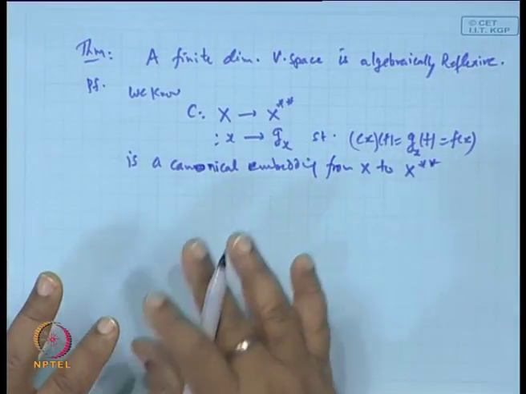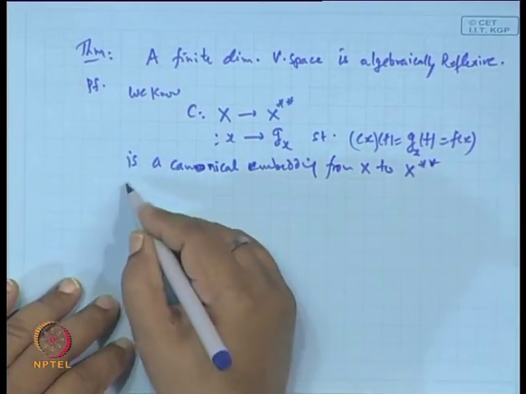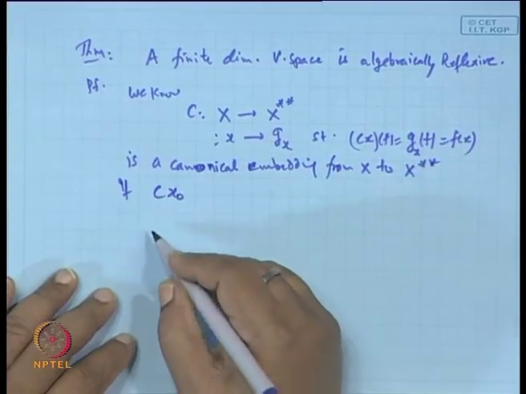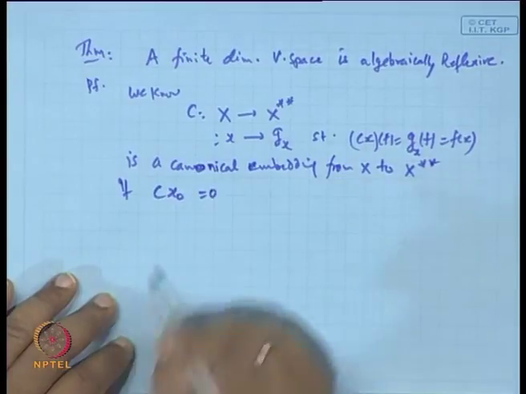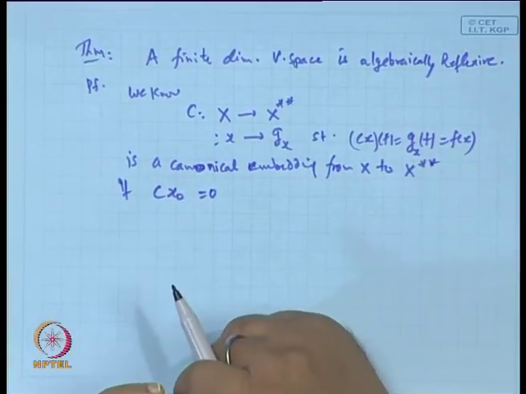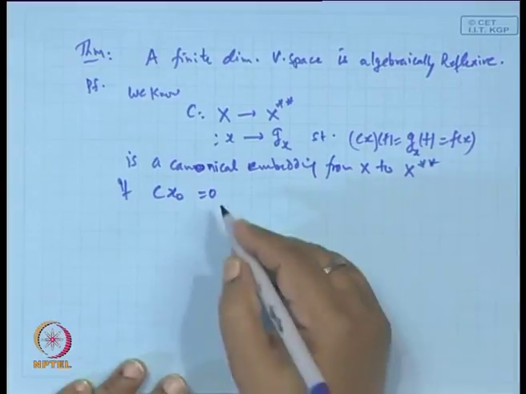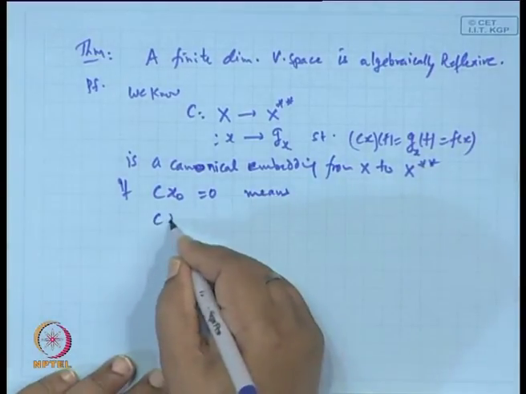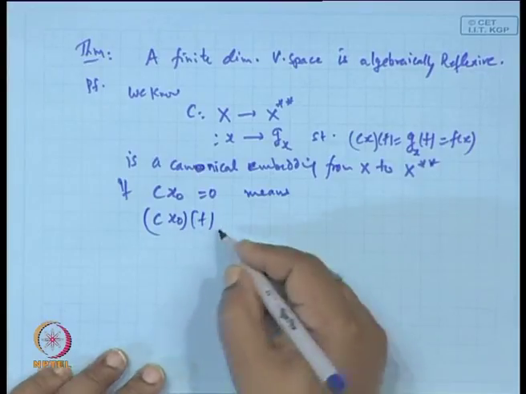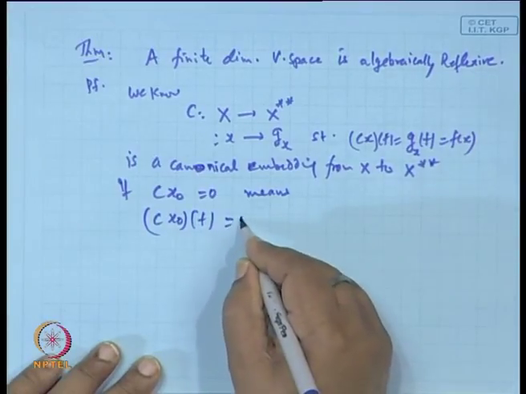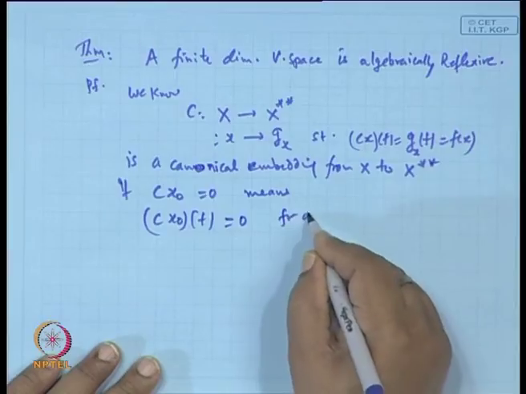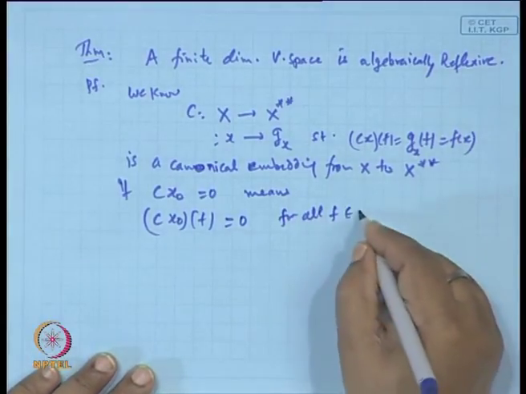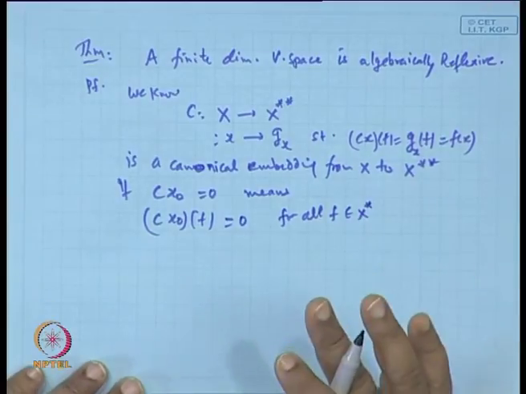Now, if C of x naught f is 0 for all f belonging to X star, clear?